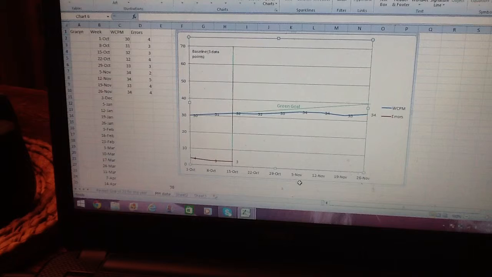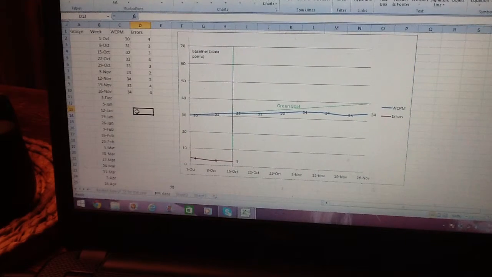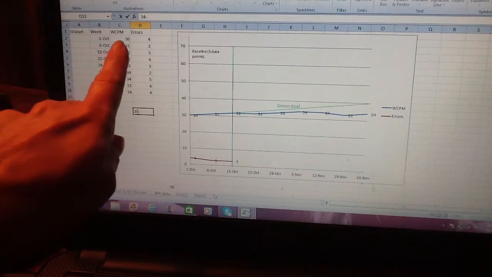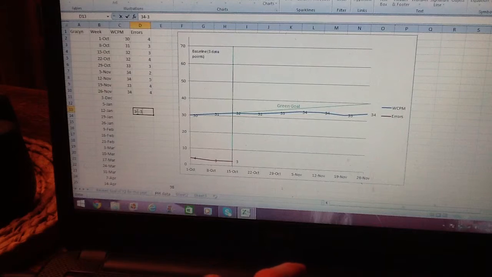You've placed weeks 3 through 9 into your table, and you've updated the data points so you can see that they are there. Then it asks you, using weeks 1 through 9, to calculate Grayson's current rate of growth. Remember, to calculate slope, you want the last probe of words correct per minute, which is 34, minus the first probe, which is 30.